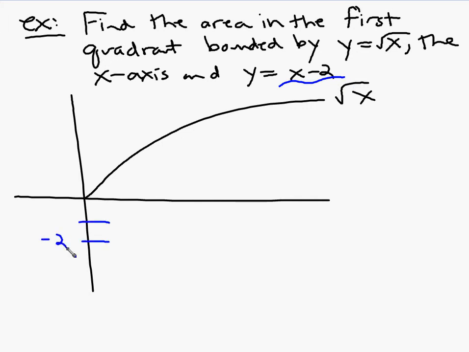Negative 2. So it intercepts right here. It has a slope of 1, so it's going to go up 1 over 1, up 1 over 1 to 2, and then it's going to keep doing that, up 1 over 1, like so. I know it's not the straightest thing in the world, but this is why that little statement about the x-axis is important.